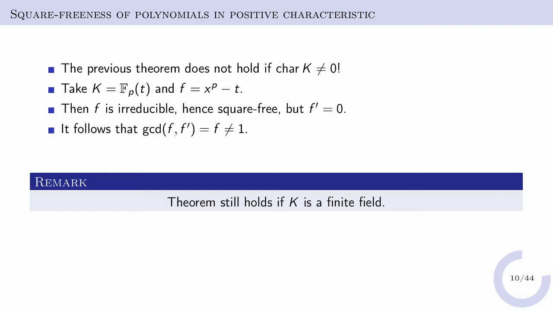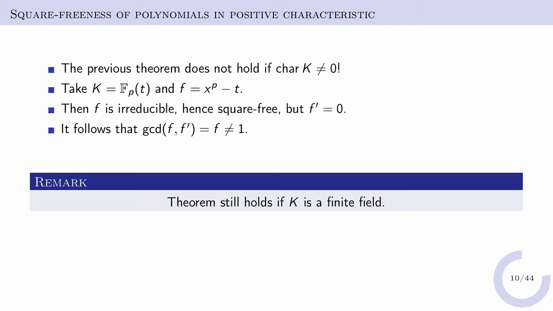So in our theorem, we can change assumptions and say that either K contains Q or the field K is finite. In both cases, this theorem holds. But in general, if we have an infinite field which does not contain the rationals, then this theorem is no longer true. So that's where this assumption comes from.